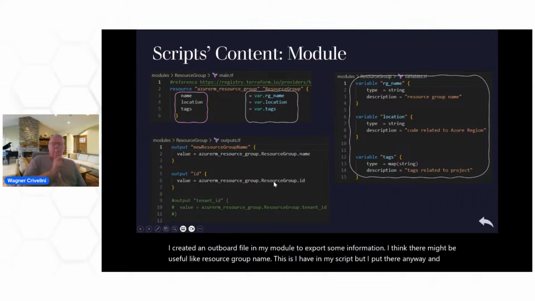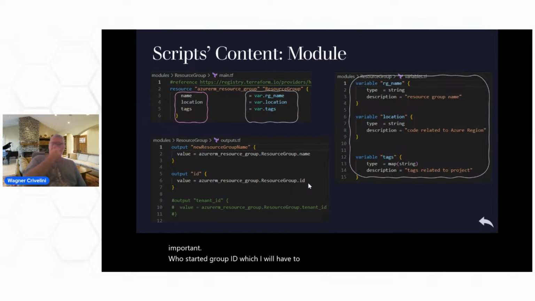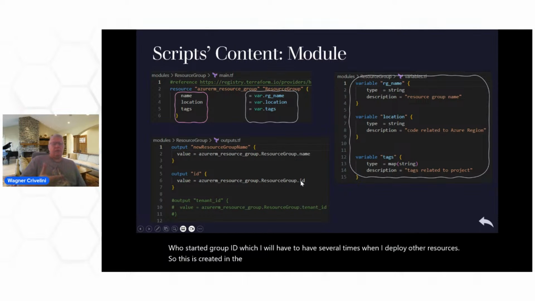And most important, the resource group ID, which I will need several times when I deploy other resources. This is created at deployment time and does not exist before I run my script. So I have to collect this information from here. Okay, let's go.